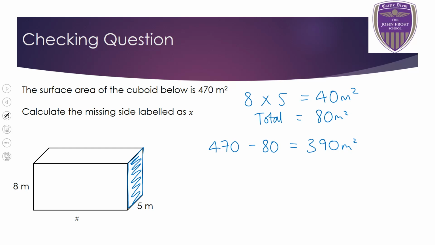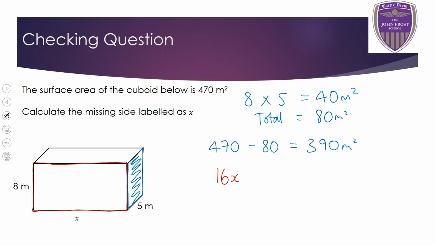If we were working out the front, we would be doing 8 times x, but then doubling it because the back was the same as well. So 8 times x is 8x, and if you double that, you get 16x. So the front and the back together give you 16x.